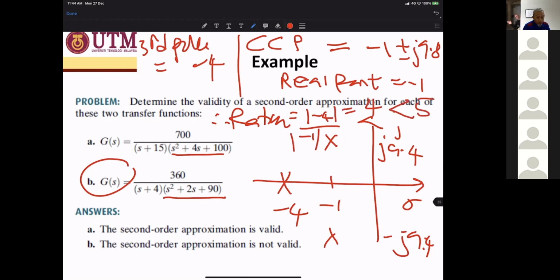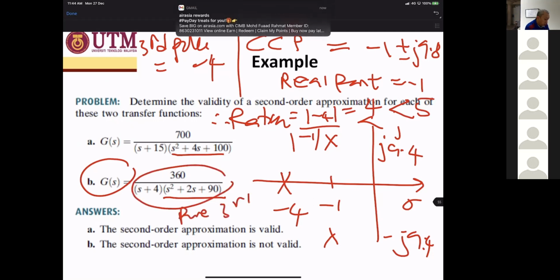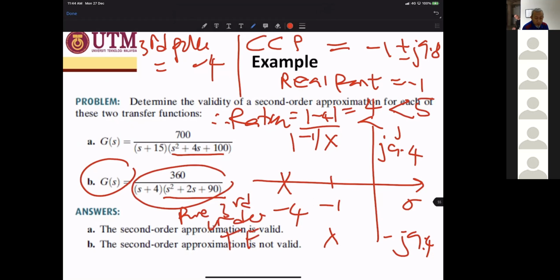The first one just now was greater than 5, but this one is less than 5. So the rule of thumb says if it is 5 and below, this one is considered a pure third order transfer function. It is not a second order transfer function because s plus 4 is near to the imaginary axis and has a high influence and high effect on the system.